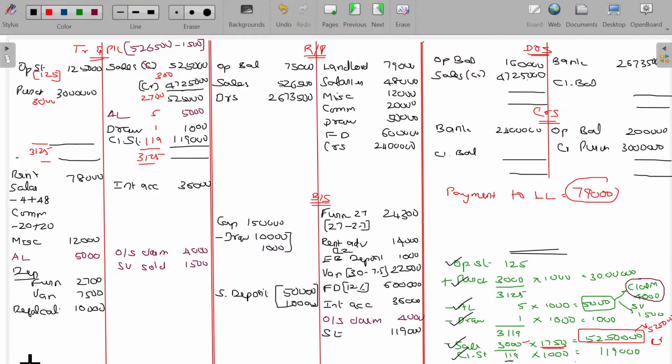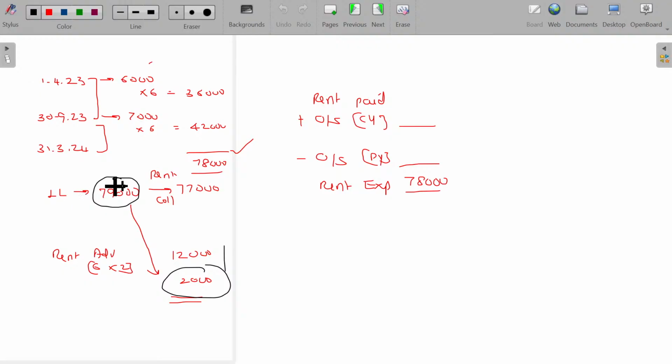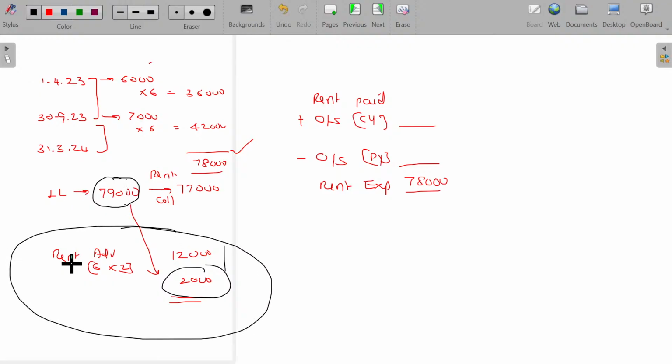Suddenly the rent increased from 6 to 7. One extra rent also is there, right? So by the time, 7,000 into 2 months, 14,000 should be the rent advance. Of course, the additional 2,000 is collected on revision. So hereafter the rent advance being 14,000. Is that clear? So the amount collected 79,000 includes the payment of deposit for rent.